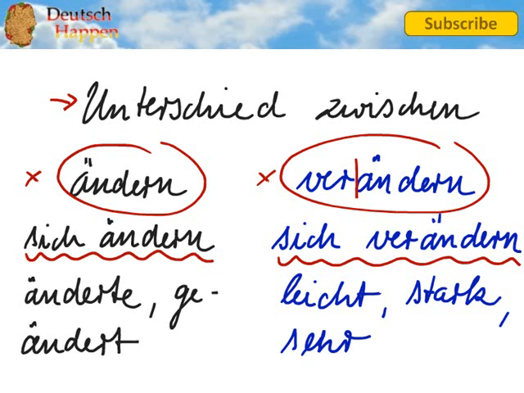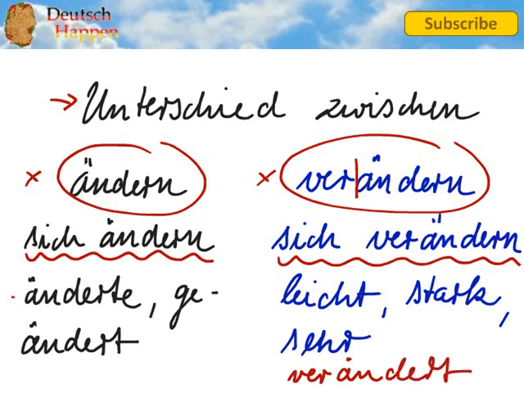So the past is änderte, and the past participle geändert. The same for verändern: veränderte, and then pay attention, the past participle is verändert, not geverändert. The prefix ver replaces the ge, so verändert is the past participle of verändern.